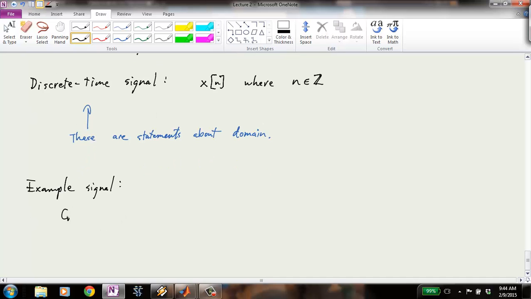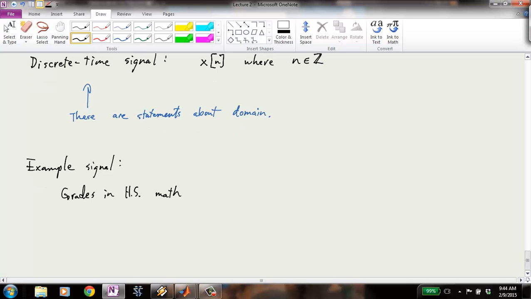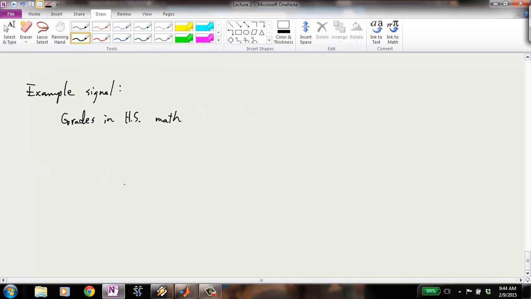Let's say grades in high school math. Okay. Now, it's not a very interesting signal because it's probably just like constant A the whole way through. But let's imagine that it varied a little bit. Okay, so you might say, on this axis, this is the semester. Maybe there are 8 of them. 1, 2, 3 up to 8.